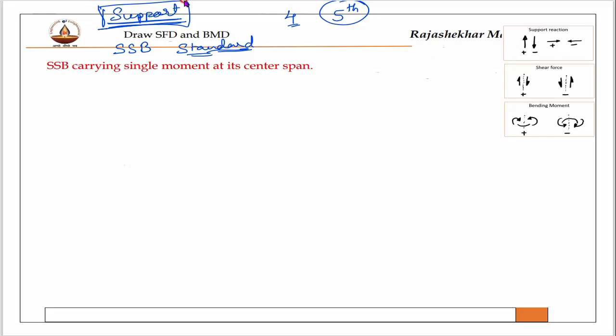Therefore, the first point, drawing the FBD, and the second point, determination of support reactions, I may go very fast because this is a prerequisite for this chapter. The third point I will concentrate on, and I will explain very deeply how to draw SFD and BMD for these standard simply supported beams. This is very important. Right now, we'll go one by one.